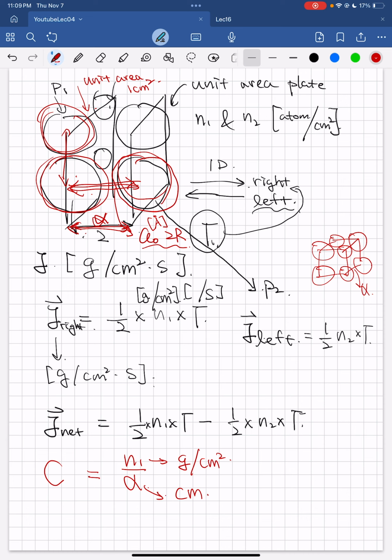Of course, it should be 10 to the minus, I don't know, 7 or 8, but it is something like that. It has a unit of centimeter. Then this concentration should have a unit of gram per cubic centimeter.